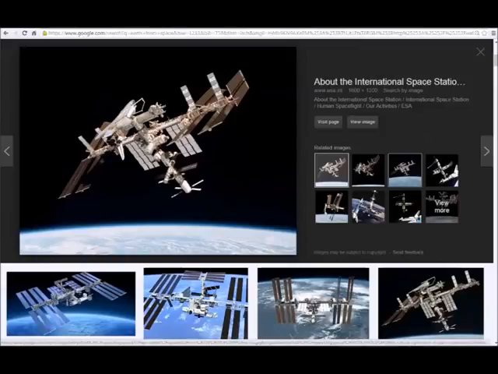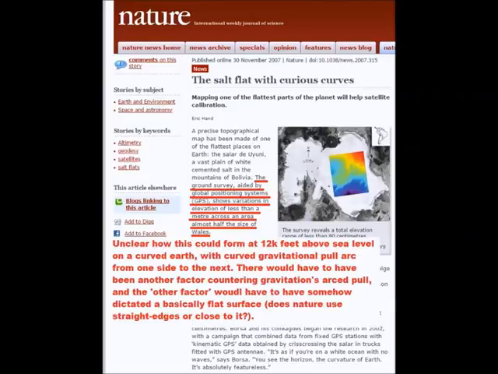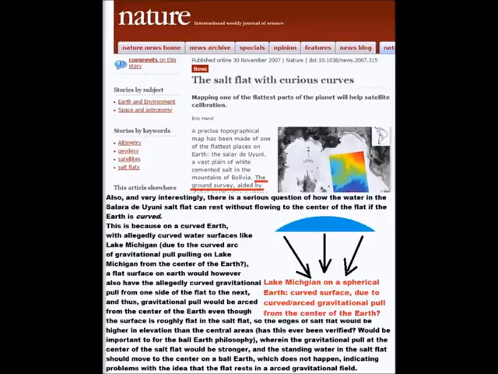So if the Salar is indeed geometrically flat, there are a number of significant problems that the existence of this geometrically flat Salar poses to the round Earth philosophy camp, which I'll go through quickly. First of all, it's unclear how, in a spherical world with arced gravitational pull, something nearly geometrically flat can come into existence.